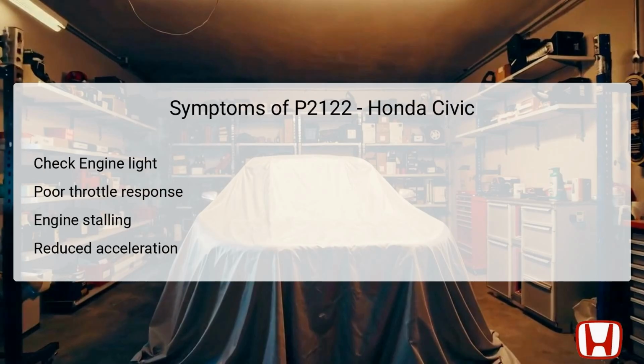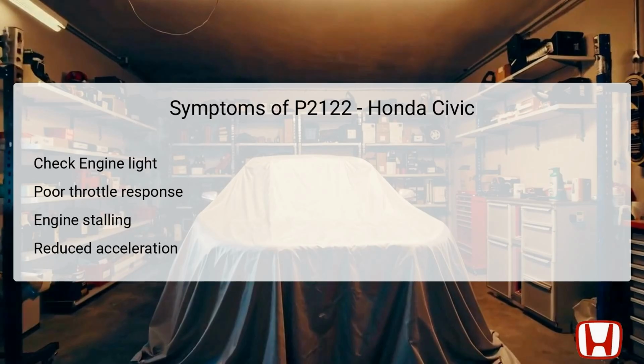The symptoms accompanying DTC P2122 can significantly affect the driving experience in a Honda Civic. The most common indicator is the check engine light illuminating on the dashboard, alerting the driver to a malfunction. Additionally, drivers may experience poor throttle response, where the car does not respond effectively to accelerator pedal inputs.